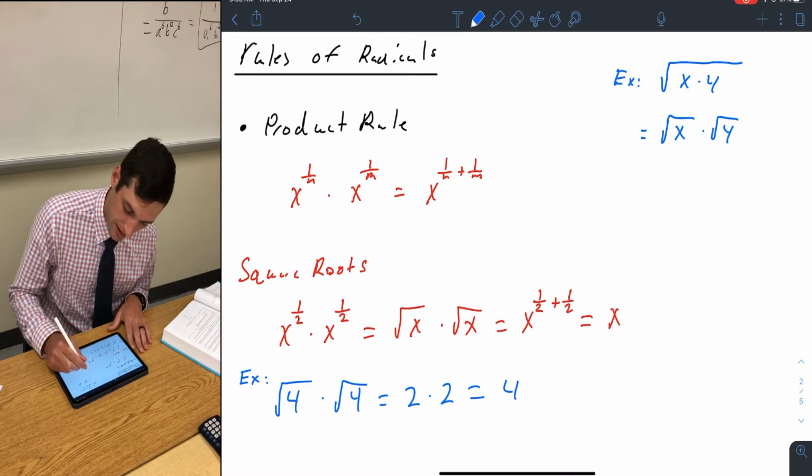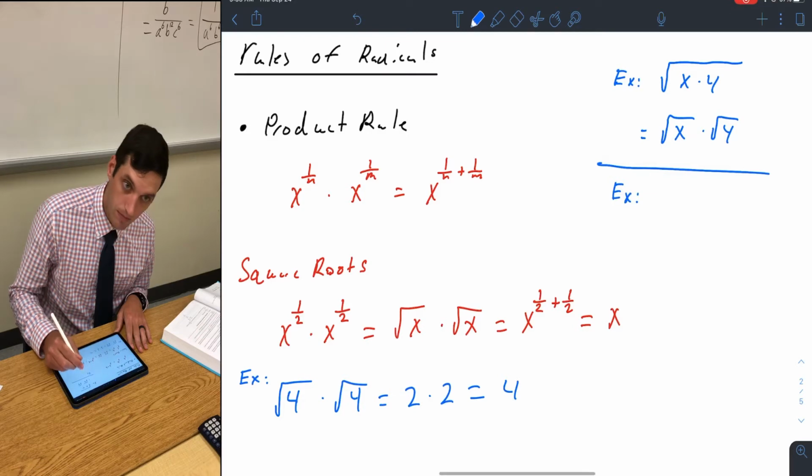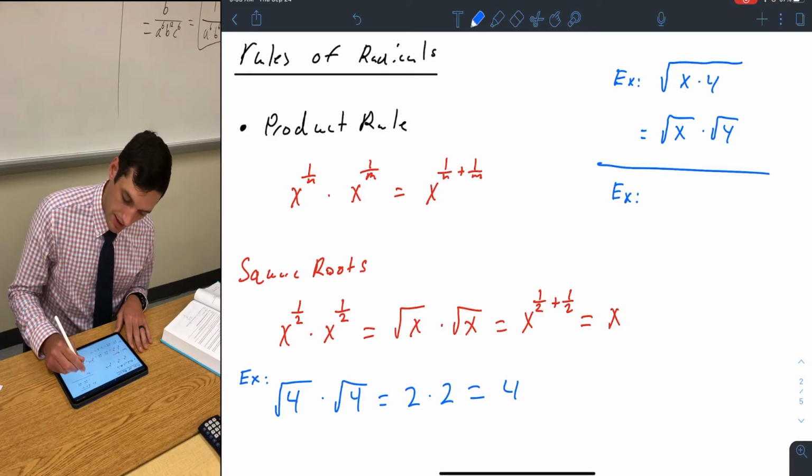Let's say that I have, let me separate this here, write another example. Let's say that I have the square root of 16 times x squared.